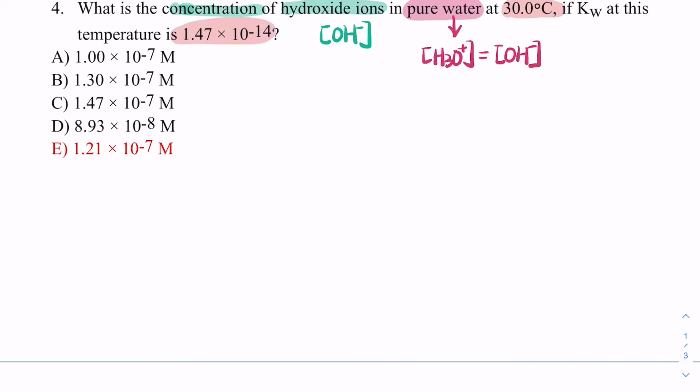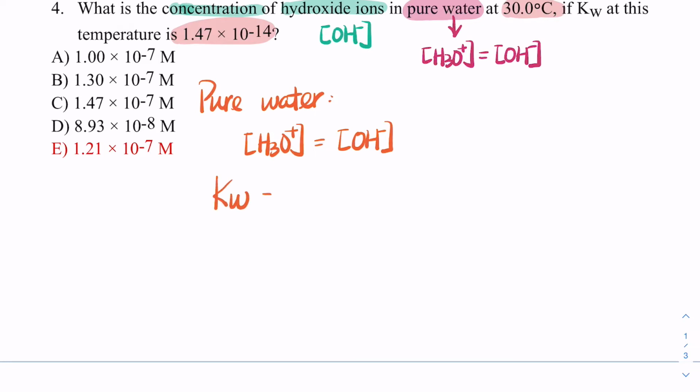However, no matter what, once we say it's pure water, it doesn't matter what the temperature is, this relationship will be true: the hydronium ion concentration equals the hydroxide ion concentration. Also, Kw equals the hydronium ion concentration multiplied by the hydroxide ion concentration.